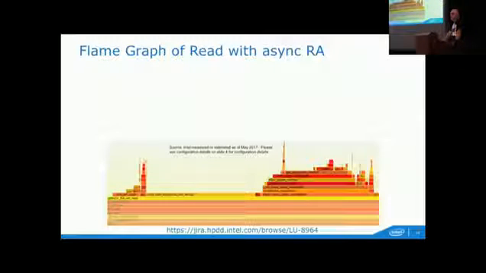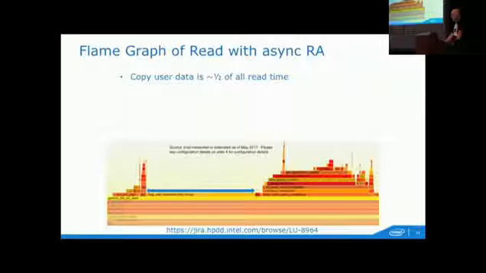After this work was done, I again tried to measure performance, and first of all, I got the flame graph of the new read operations. Right now, you can see the picture is much different, and half of the time of all read operations is now spent in user copy data.